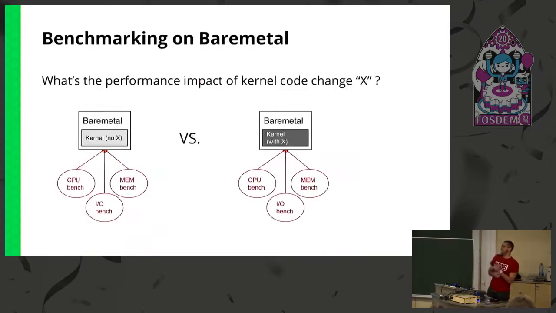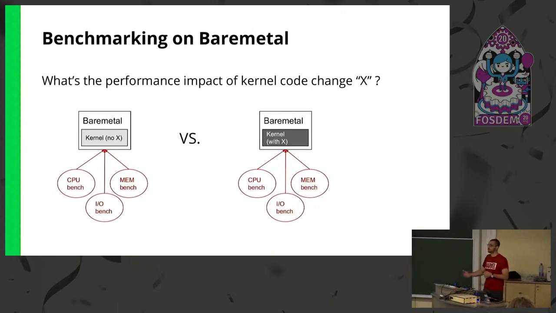But let's introduce the subject of performance benchmarking by thinking about how you would assess the performance impact of, let's say, a change in the code. For example, let's say that the change is in the Linux kernel, but in theory it could be anywhere. To figure out whether this change brings any difference in performance, better or worse, you run a benchmark without the change applied.